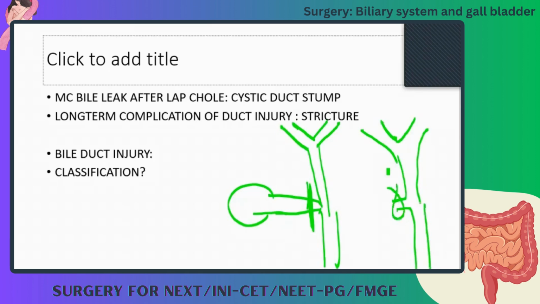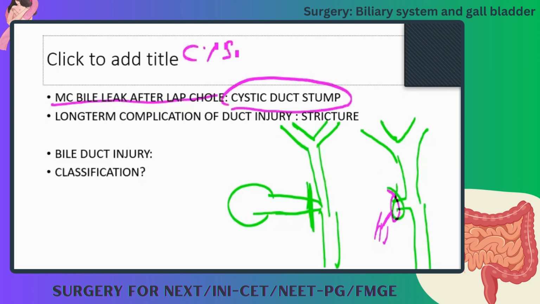You have sutured it here. Most common bile leak after lap chole will leak from here only. This bile coming from the liver may leak here. This remnant is known as the cystic duct stump. The stump may leak. That is the most common bile leak.